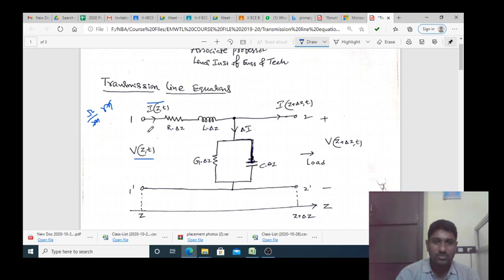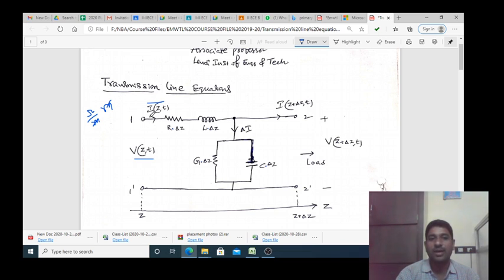Now, the output is at 2 dash. You can see one important point. Whenever we are transmitting the voltage from the input port to the output port, the output voltage may be either equal to the input voltage or less than that voltage.